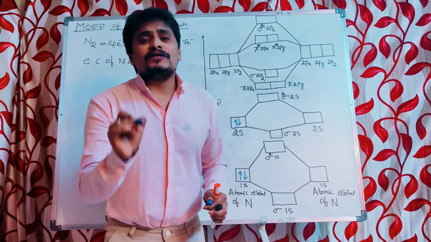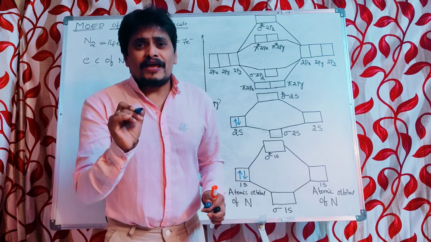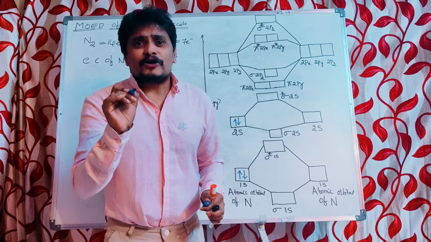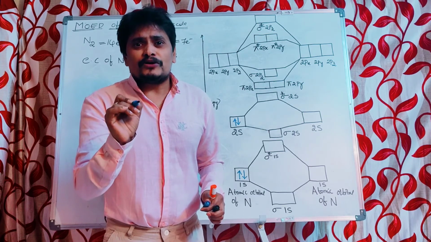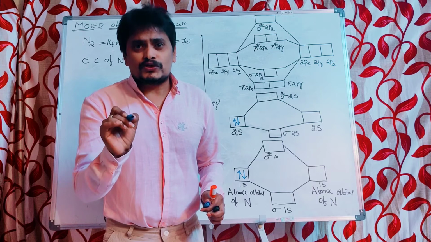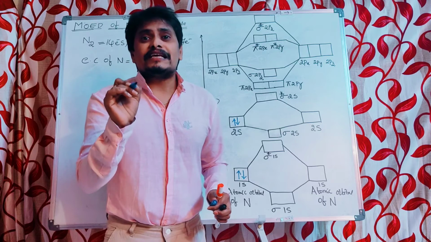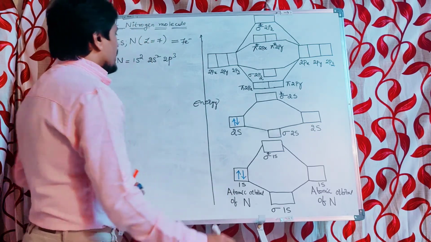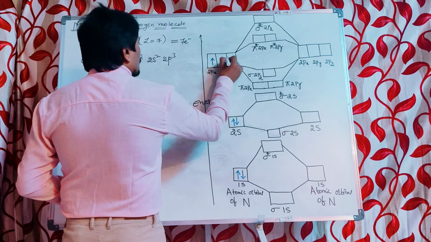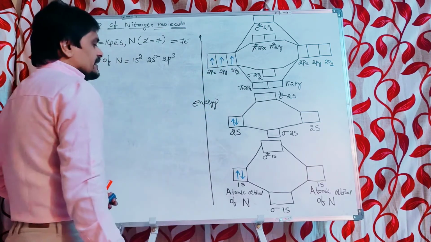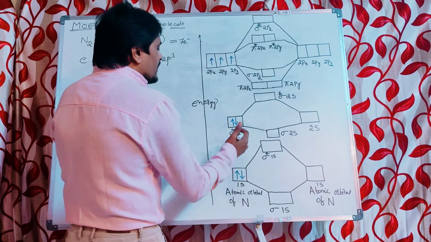And it follows Hund's rule: according to Hund's rule, pairing won't take place in the atomic orbitals until each and every orbital of the same energy level is filled with 1 electron. So this is the condition of one nitrogen atom.